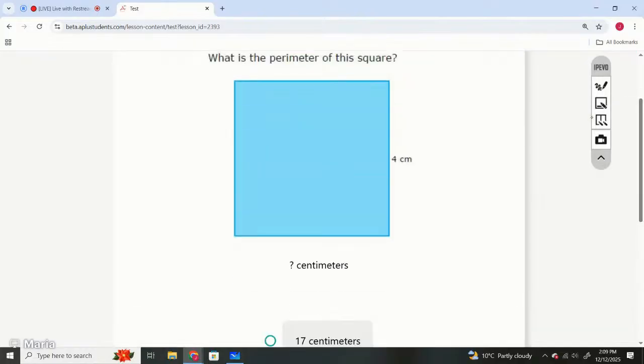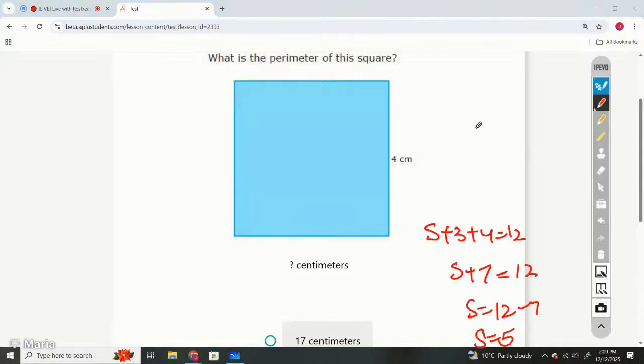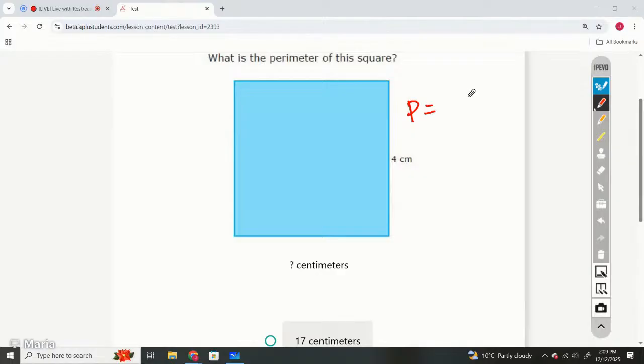What is the perimeter of the square? A square has all four sides equal in length. We need to calculate the perimeter. So just add all four sides, that is 4 plus 4 plus 4 plus 4. So which is the correct option?